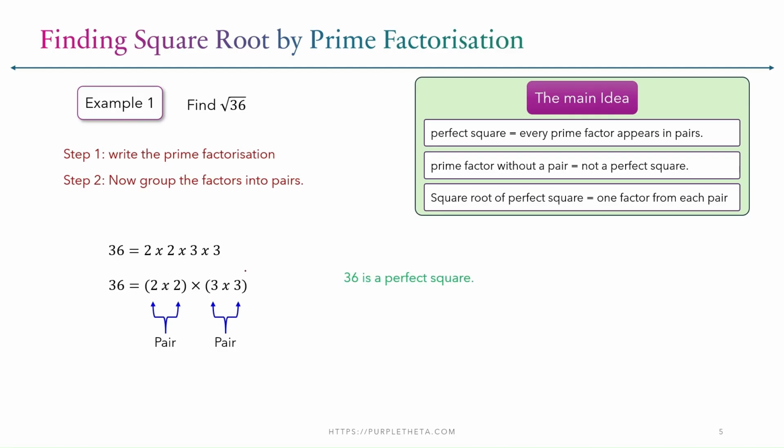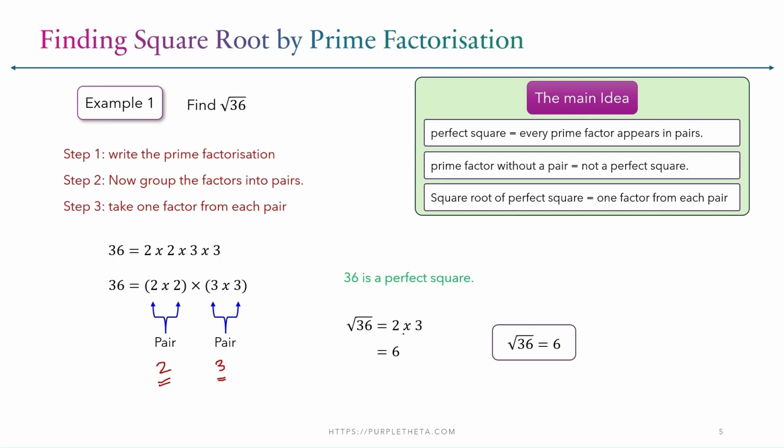Since every prime factor is paired, 36 is a perfect square. Okay, and to find its square root, take one factor from each pair. So the square root of 36 is equal to 2 multiplied by 3. We have taken 2 from the first pair and 3 from the second pair, and we multiplied 2 and 3 to get the square root of 36, right? 2 multiplied by 3 is 6. So the square root of 36 is 6.